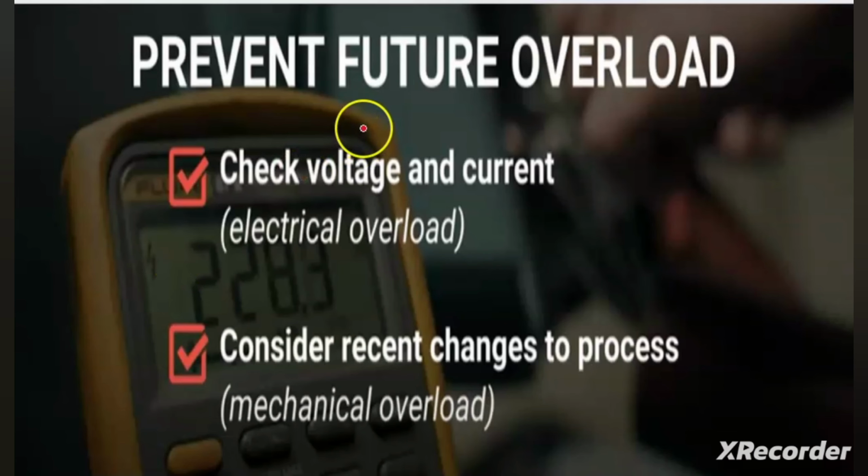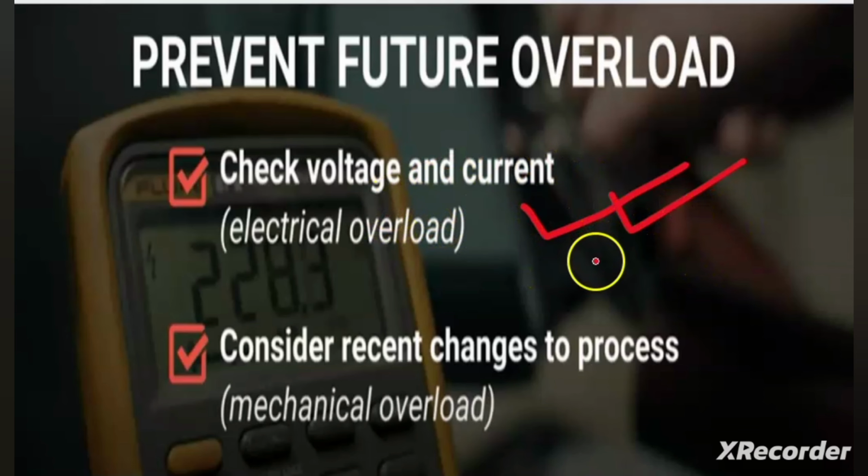And what precautions do we have to take so that the motor does not run in overload condition? The first thing, we have to place overload protection, circuit breakers, OLR and fuse for the motor in order to protect the motor from the overload condition. We have to verify the voltage and current when the motor is running, and note that this voltage and current is near the rated current and voltage of the motor.